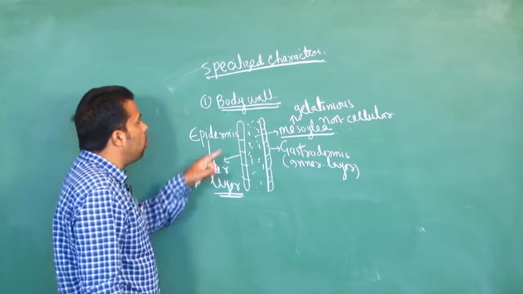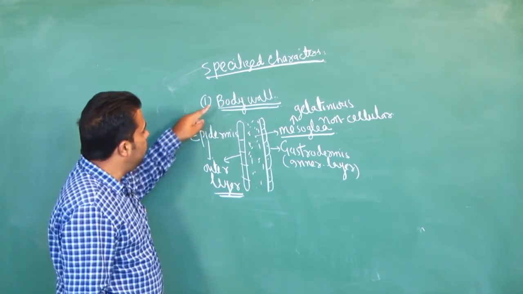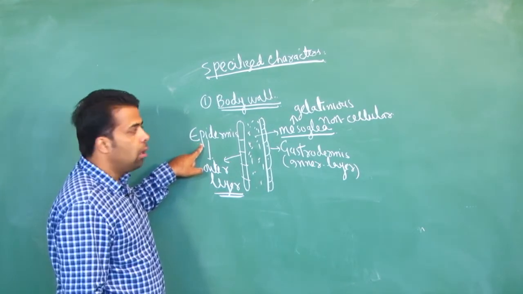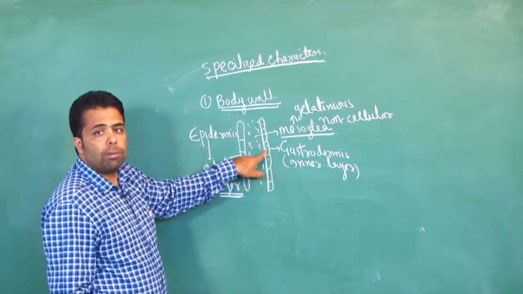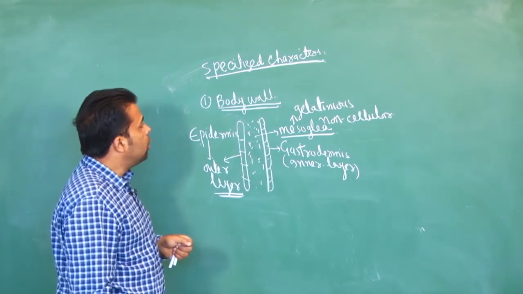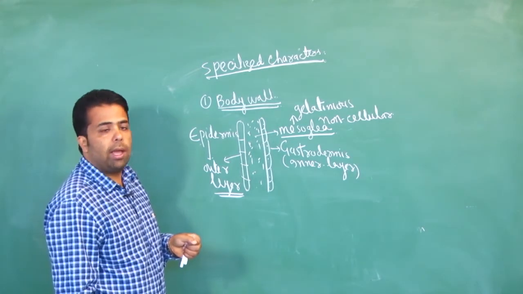So we are discussing the body wall of Coelenterata. The body wall is made up of two layers. The outer layer is called epidermis and the inner layer is called gastrodermis. In between these two layers, there is a gelatinous non-cellular layer called mesoglia.